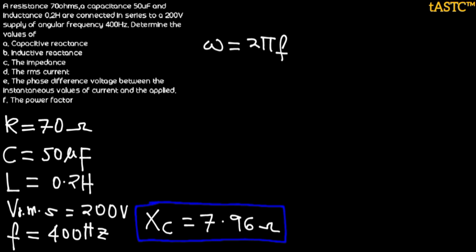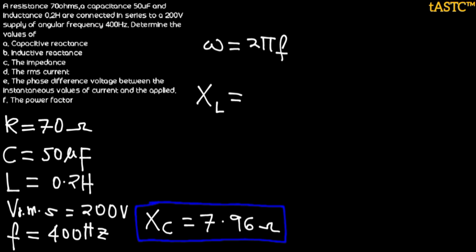Next up, we need to find out what is the inductive reactance. Now that is represented as X sub L. Inductive reactance is the opposition to the flow of current which is basically offered by an inductor connected to an AC circuit.